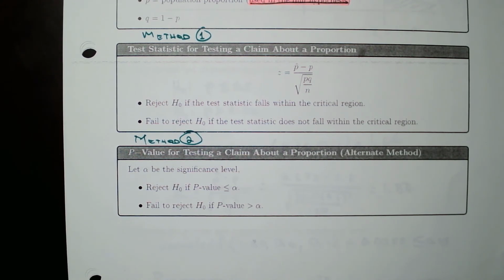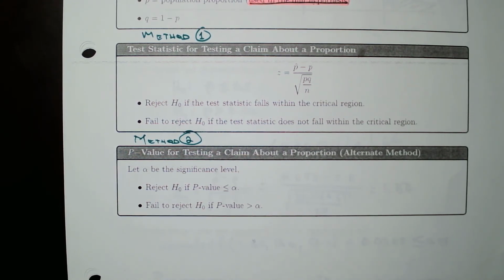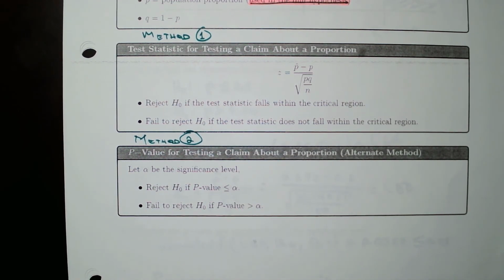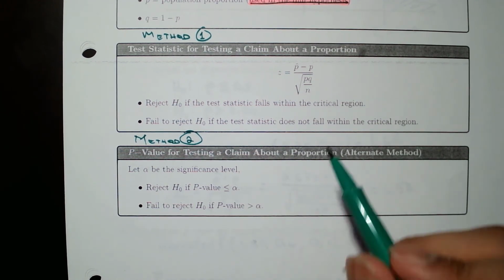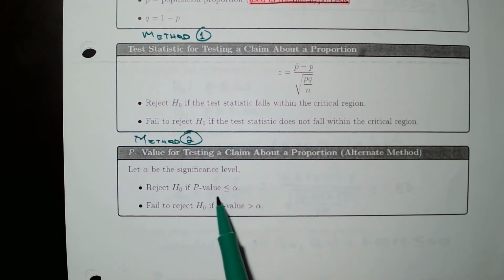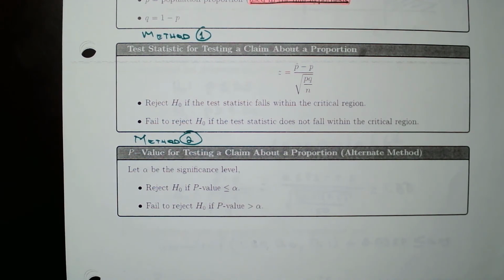I think once we do the examples, this is going to make more sense. And right now it's just formulas, and here is p-value, alpha. Well, how about we do an example?